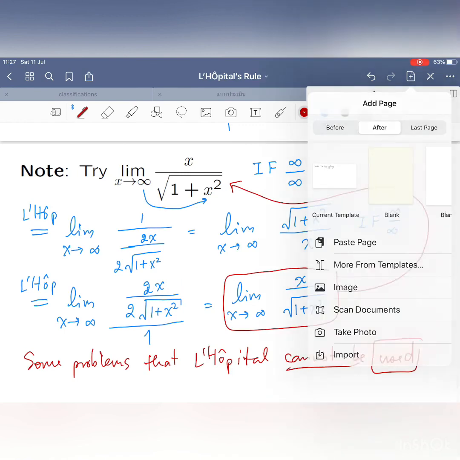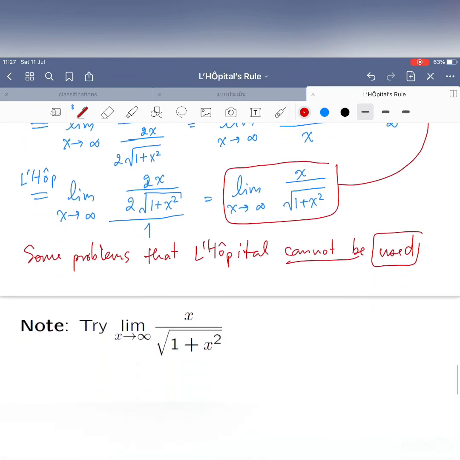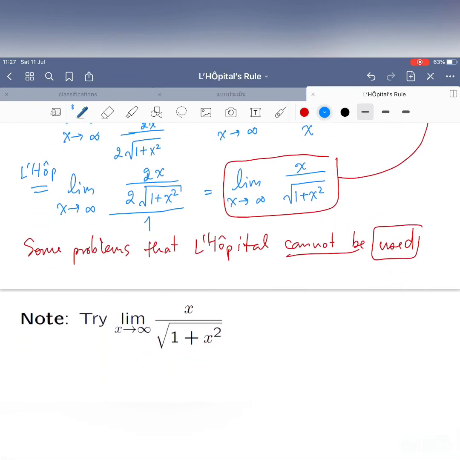Remember how we solve this problem, how we manipulate or evaluate this limit. Actually we can just use the technique that we did previously, by pulling out the common factor, the largest exponent of your x.